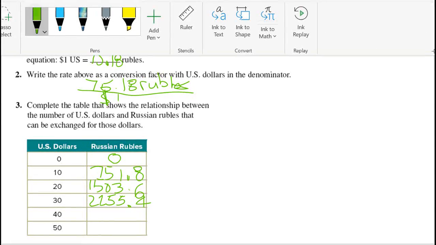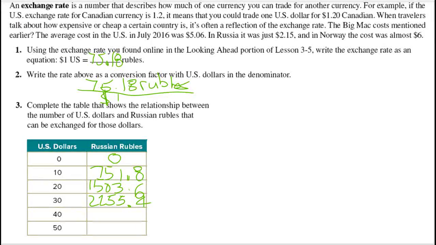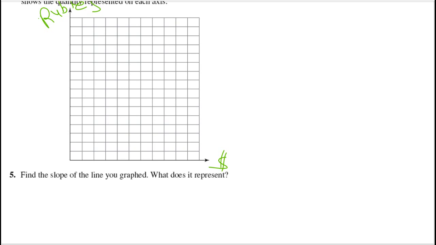So I need my x-axis to go up to $50, and so I'm going to go by 5. So the first one is going to be 5. I'll put my 0 for the very beginning. I'm not going to put the first one because with the touch screen and my bad handwriting, you wouldn't be able to see everything.